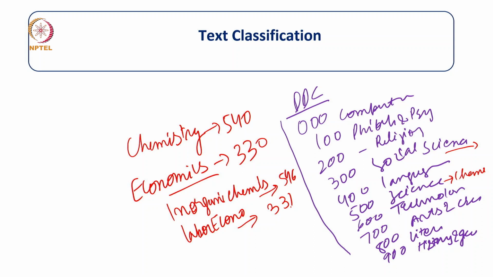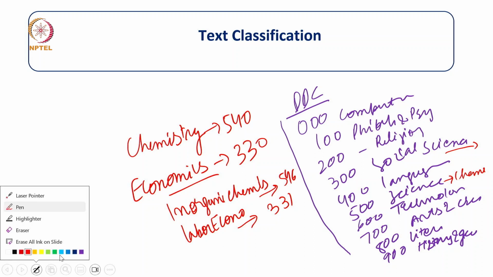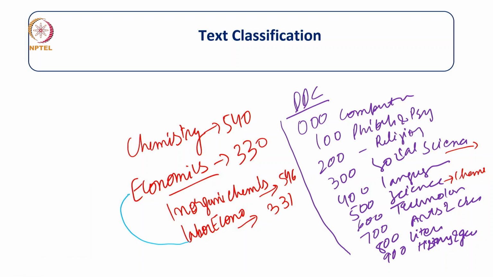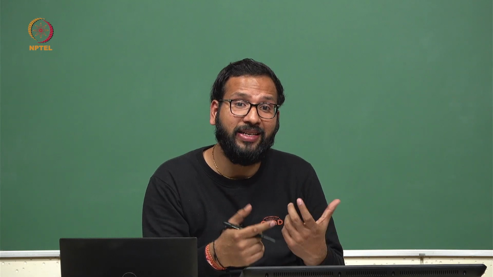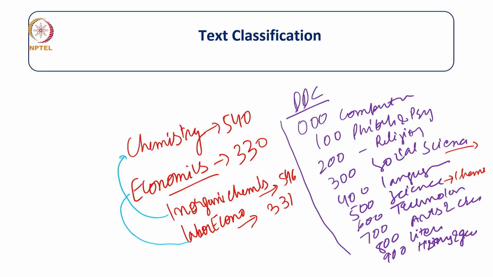So labor economics and economics will be on the same rack, and inorganic chemistry and chemistry will be on the same rack. What does it help with? It helps the user identify the collection easily. So this is what text classification is.